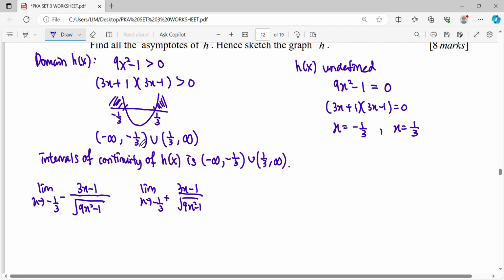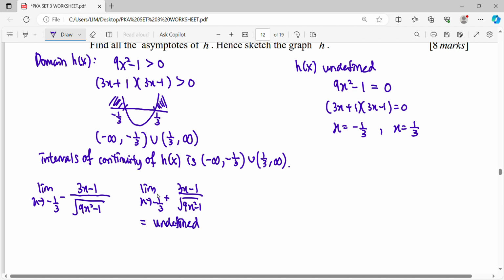Our domain only happen less than negative 1/3. So we can approaches negative 1/3 from the left hand side. But if you approaches negative 1/3 from the right hand side, the function is undefined. Not exist. It's not in the domain. They don't have graph there. So for this part, is undefined.